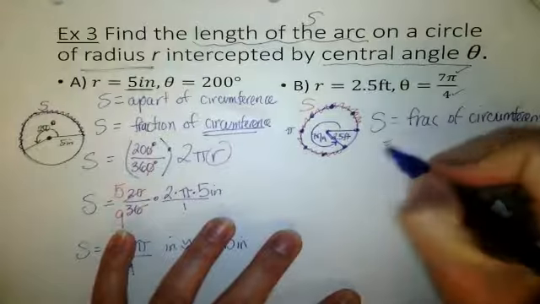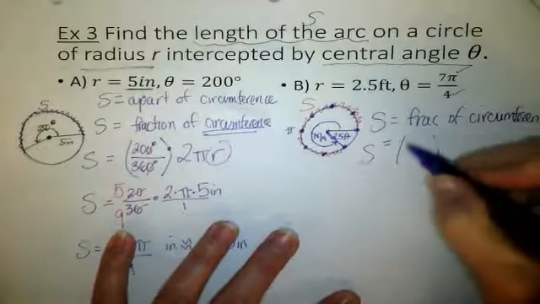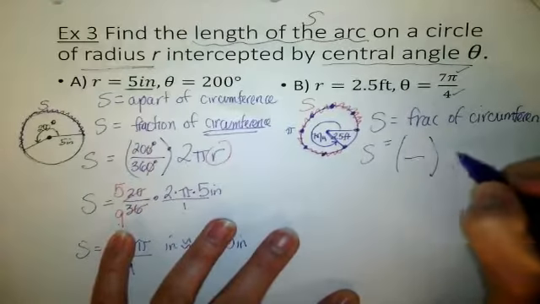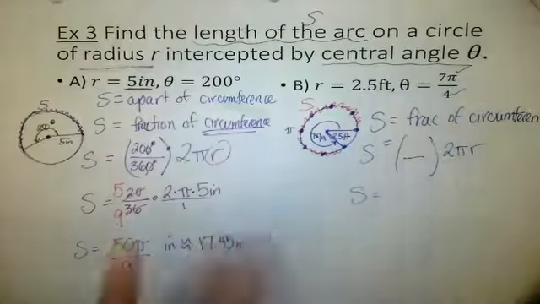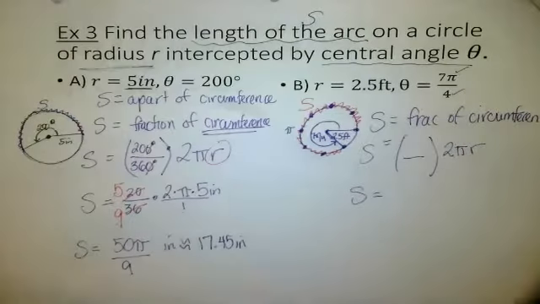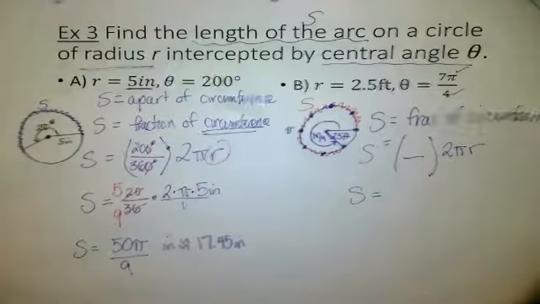All right. So now the question is, what's the fraction? Circumference is 2 times pi times r. What is our fraction? Seven-fourths is the angle itself.